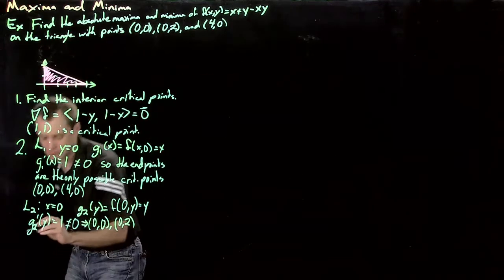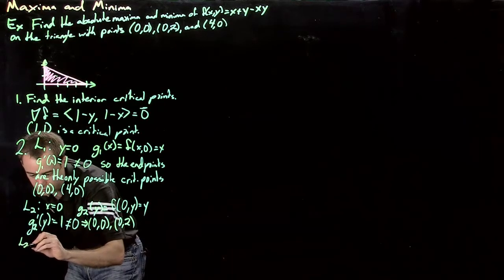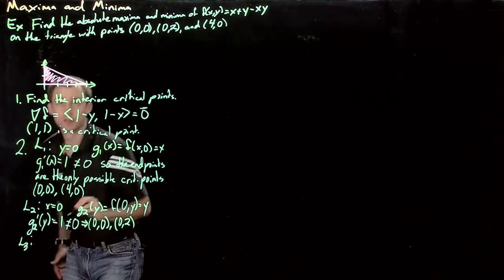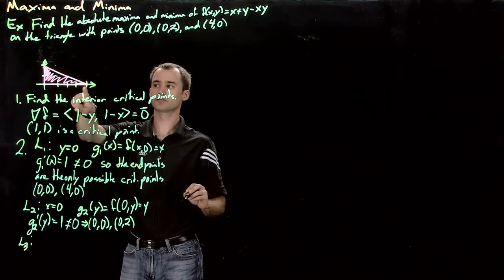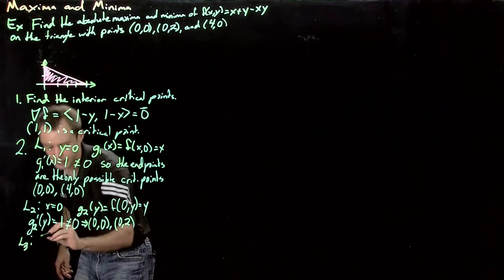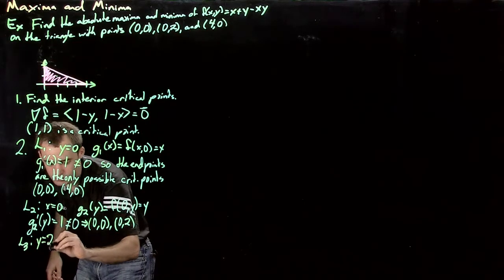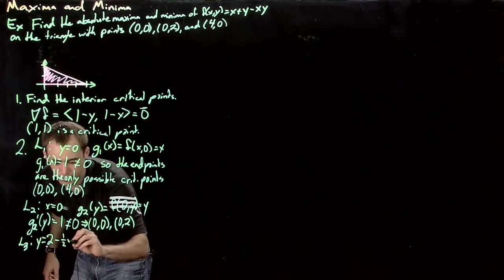And finally, the last line is a little bit more complicated. So L3 is this line. Well, the equation for that line is y = 2 - 1/2 x.